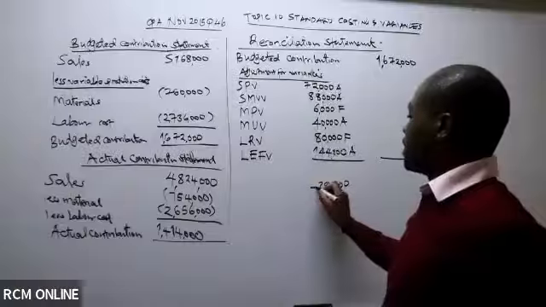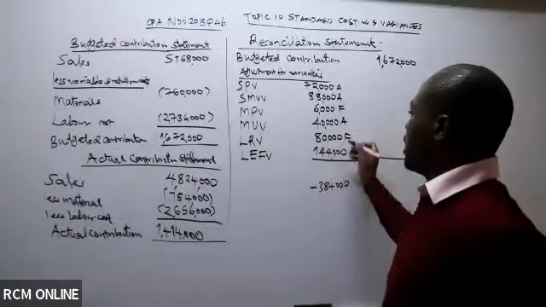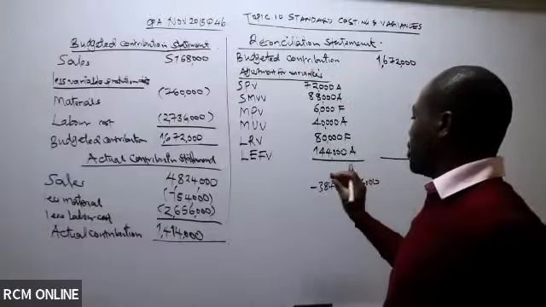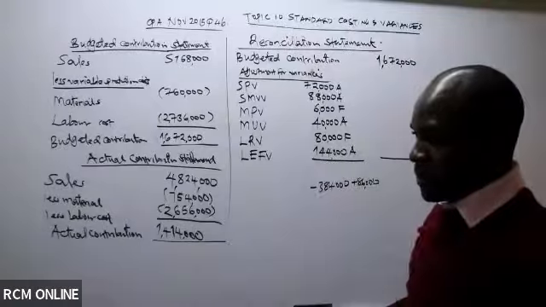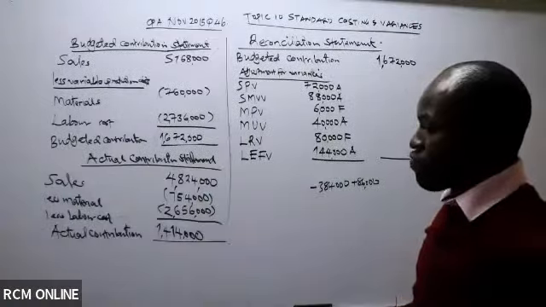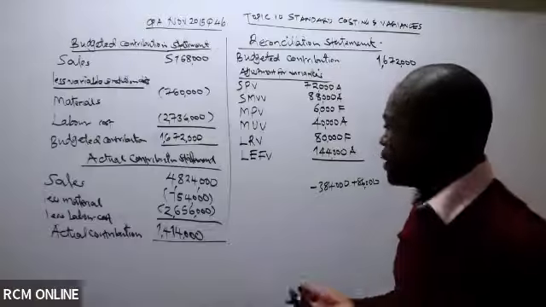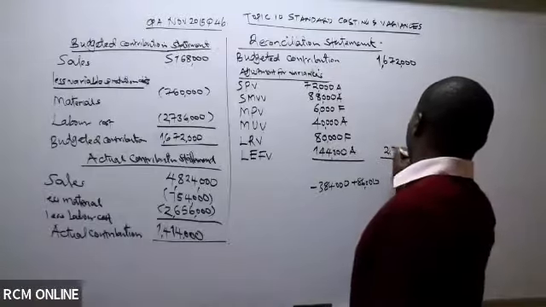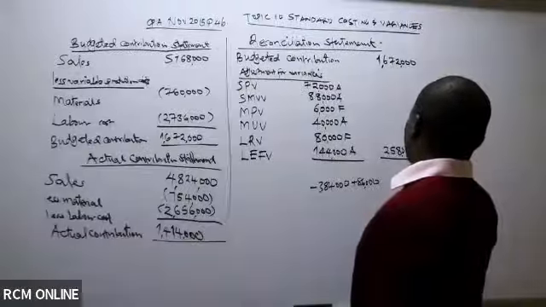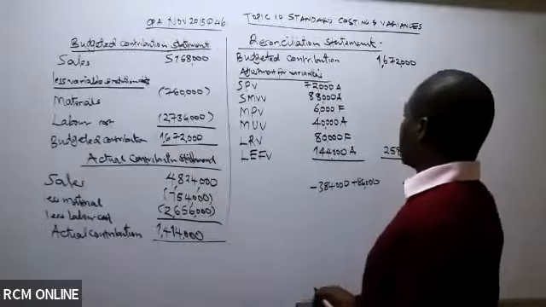That's adverse, right? Then we add a positive, we only have 86,000. It must be 200 and something. 258,000 adverse. That's a negative.